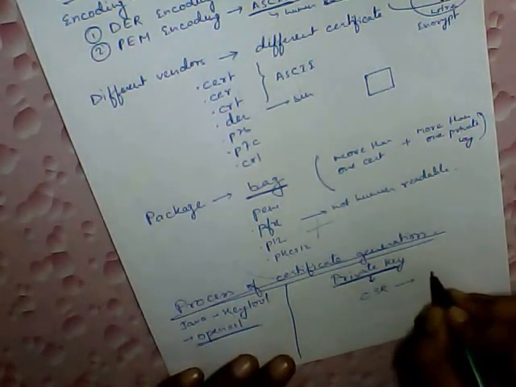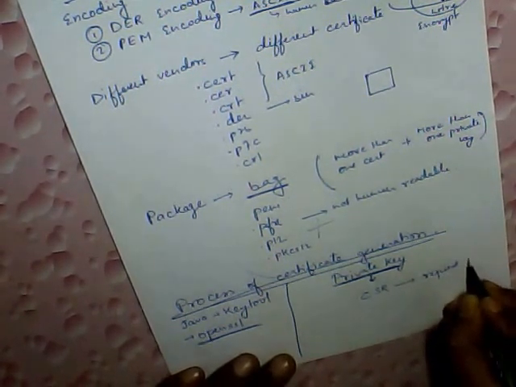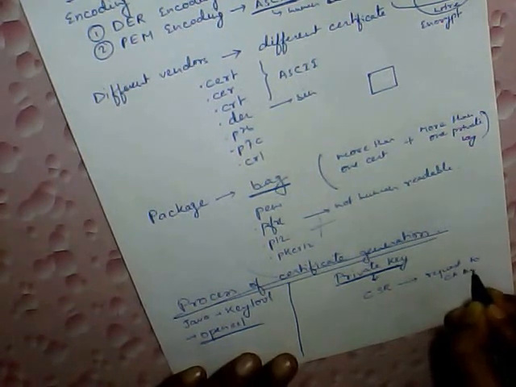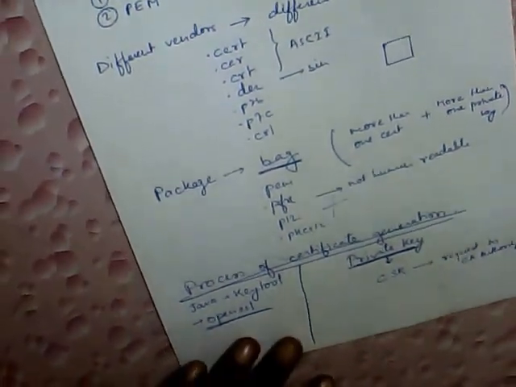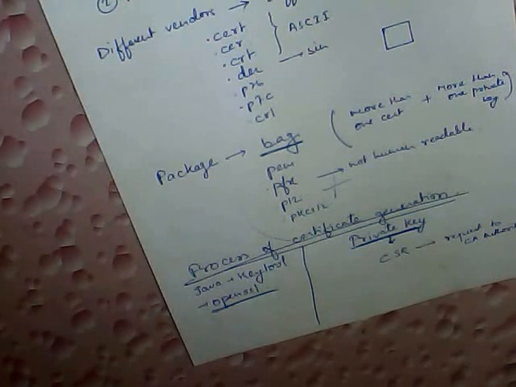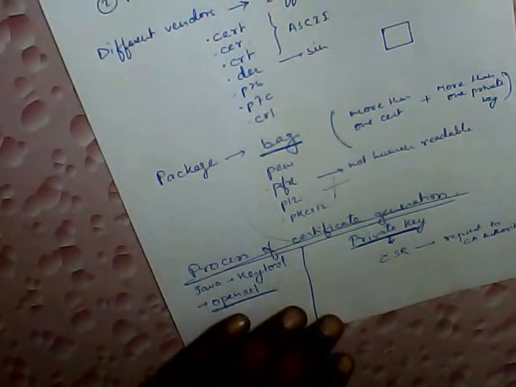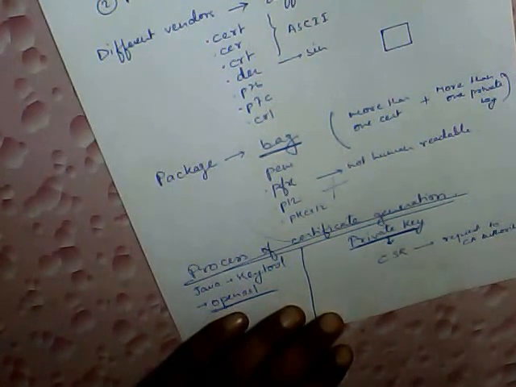Now CSR: we generate a certificate creation request. A CSR is a request to the CA authority. What is a CA authority? The CA authority is the authority which actually generates a certificate. You get a certificate in school or in college, and it has a stamp of the college or school.